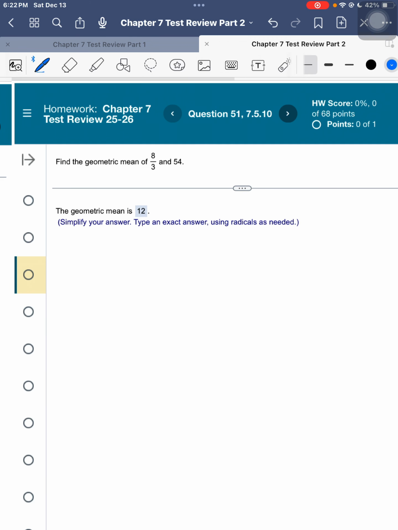Find the geometric mean of 8 over 3 and 54. So nothing changes. X squared equals ab. X squared equals 8 over 3 times 54 over 1. So now we can cross multiply this 3 and this 54. What's the greatest common factor? It's 3.